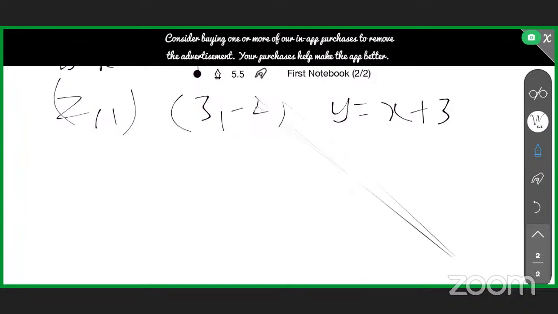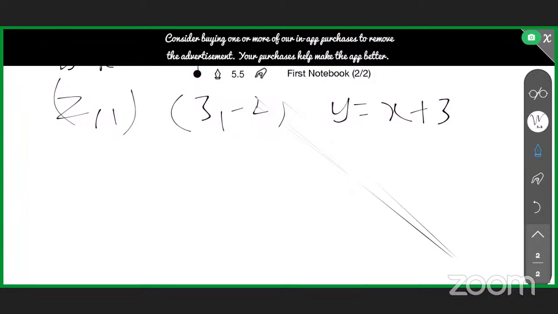Any idea how to solve this now? So far, you have solved some 50, 60 questions. Given, first thing, one condition: the area of the triangle is 5 square units. Before that, they are telling us that the third point is lying on this line.